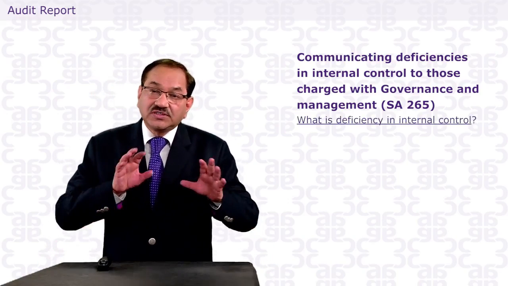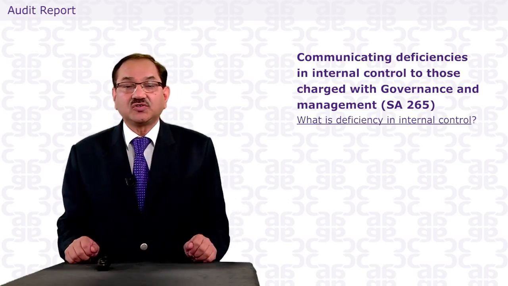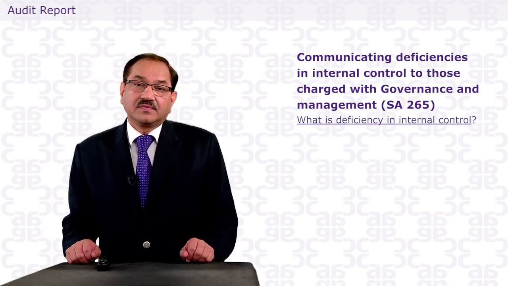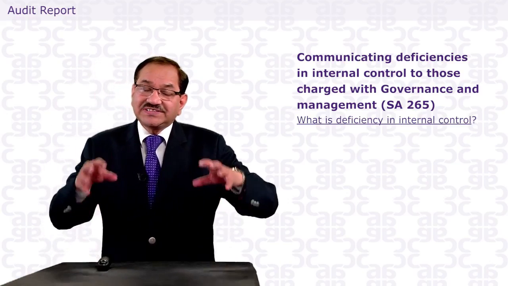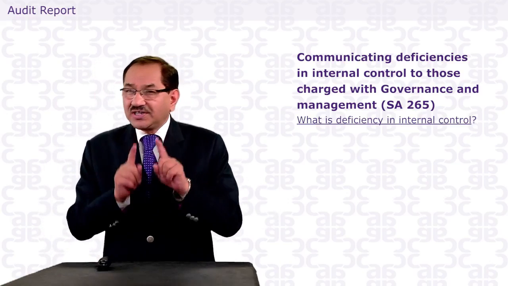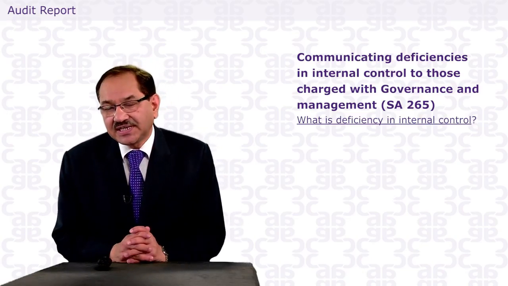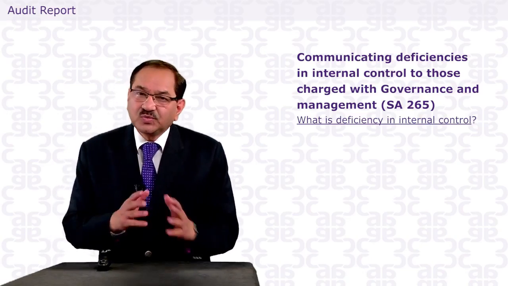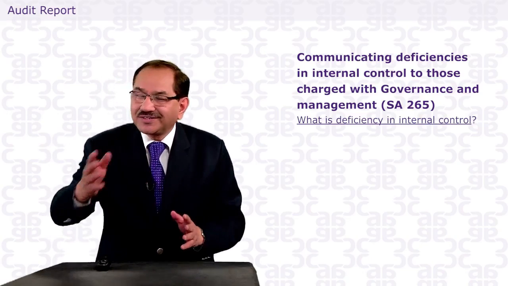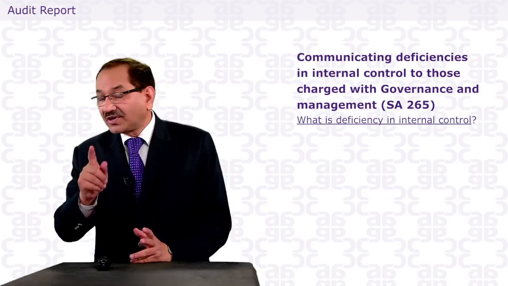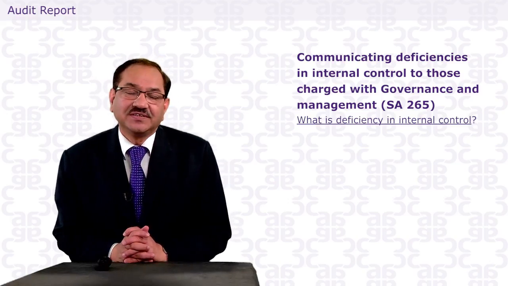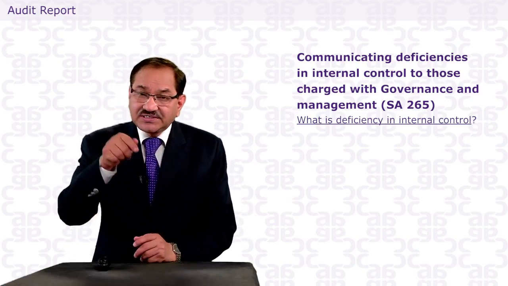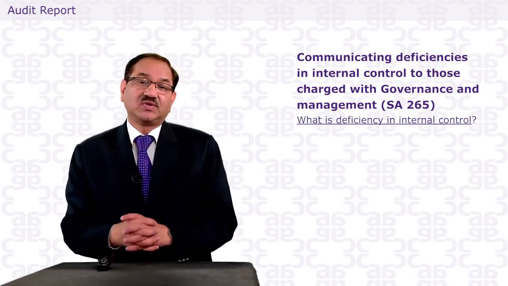Whether all deficiencies in internal control should be reported under 265, or, because this standard talks about that only significant deficiencies in the internal control should be reported. For small deficiencies, you have another communication, which we will be talking about under SA 260. But for significant deficiencies in the internal control, this standard, SA 265, has to be followed.